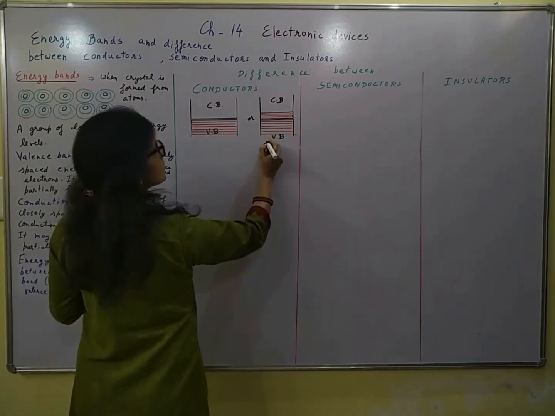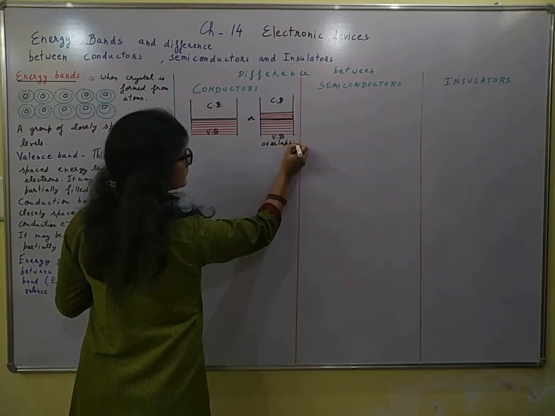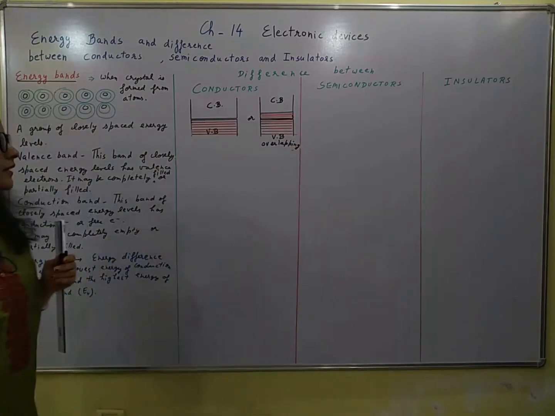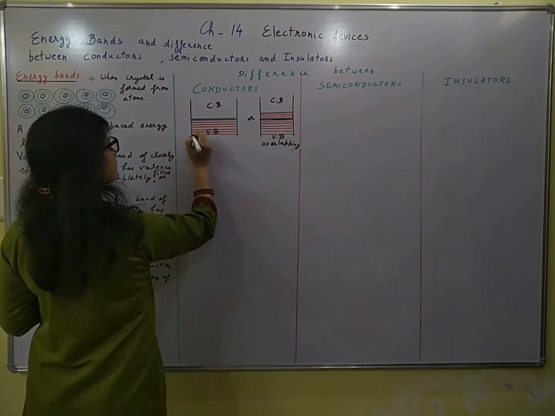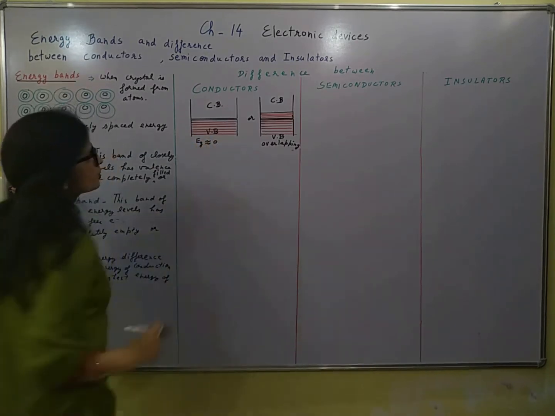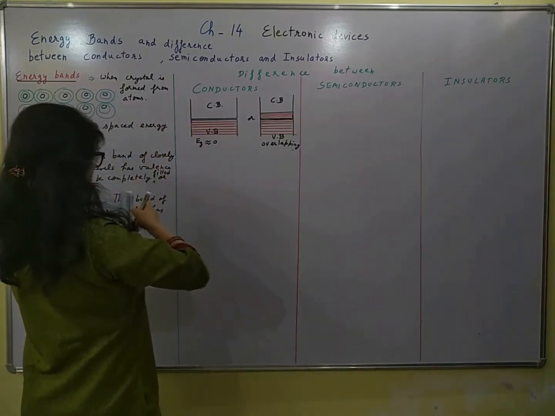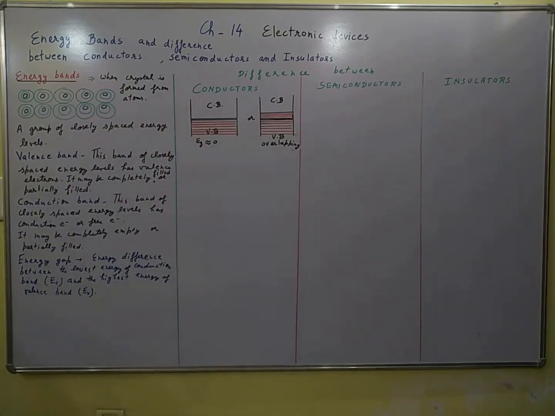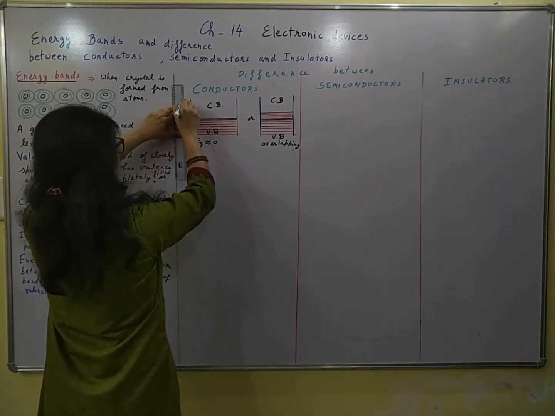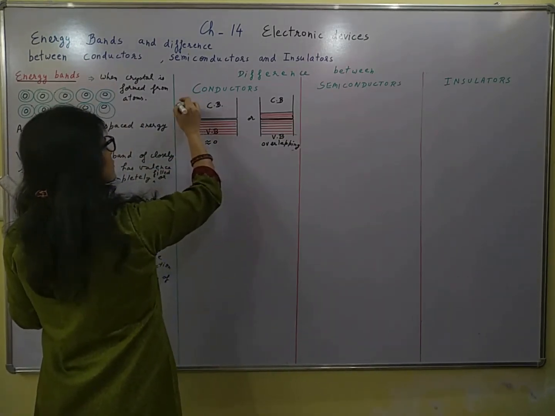In this case there is overlapping, right? And here in this case this energy gap is nearly 0. So there may be overlapping or nearly zero energy gap. So this arrow is showing the increasing electron energies, or you can say increasing energy.